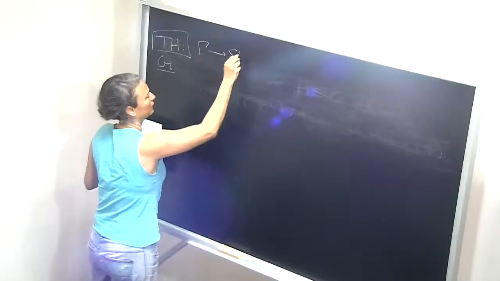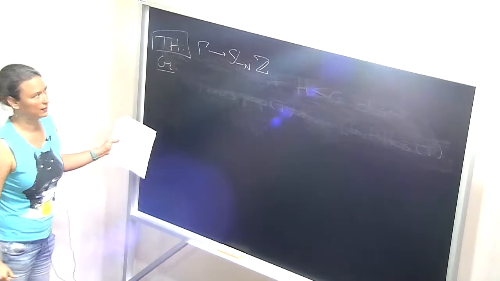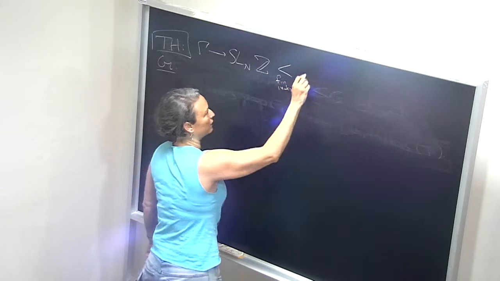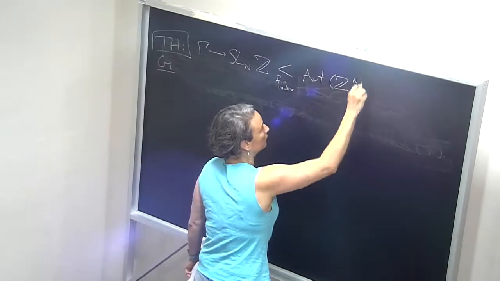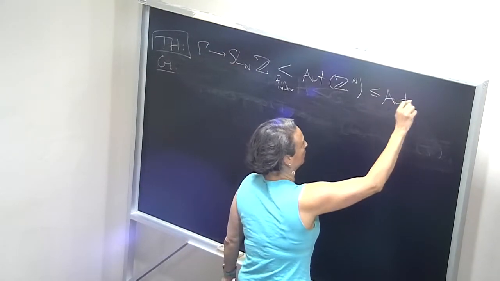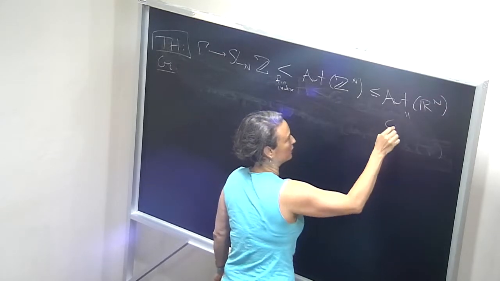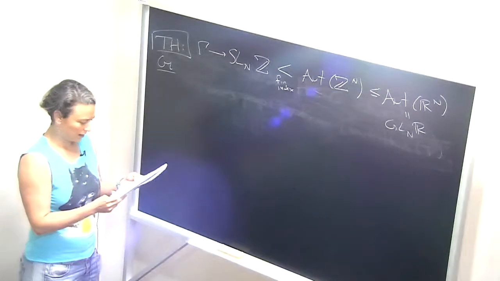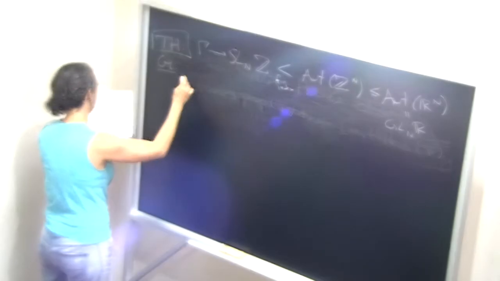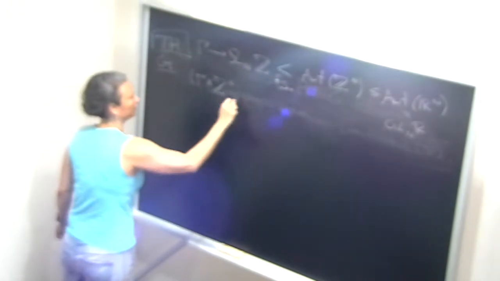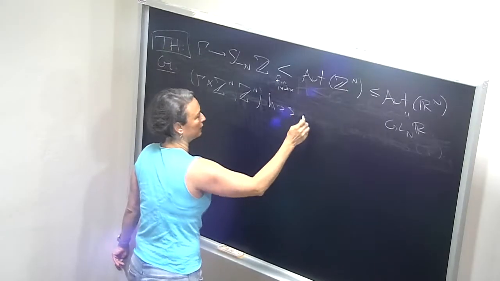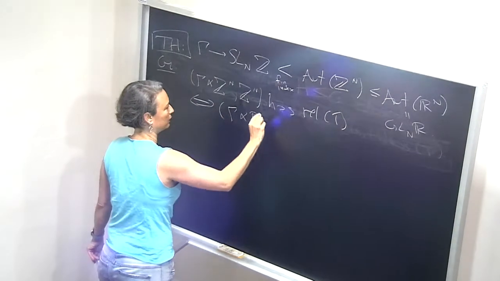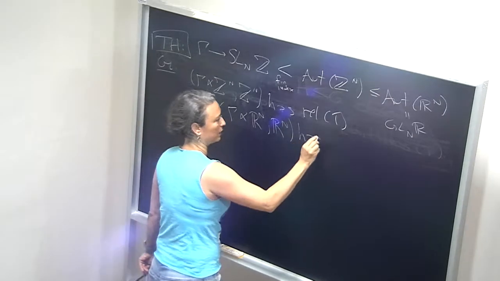If I have a representation of gamma into SLNZ, which I will remind you has finite index in the automorphism group of Zn, which is a subgroup of the automorphism group of Rn, which is GLNR, then we have that gamma semidirect product Zn has relative property T if and only if gamma semidirect product Rn has relative property T.